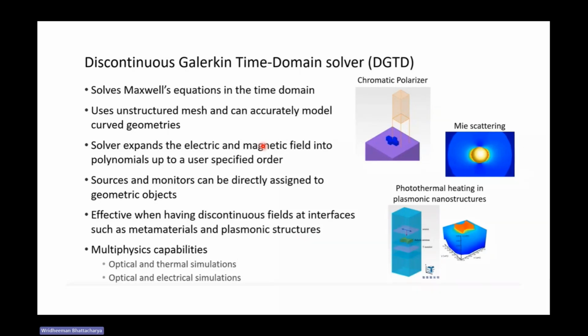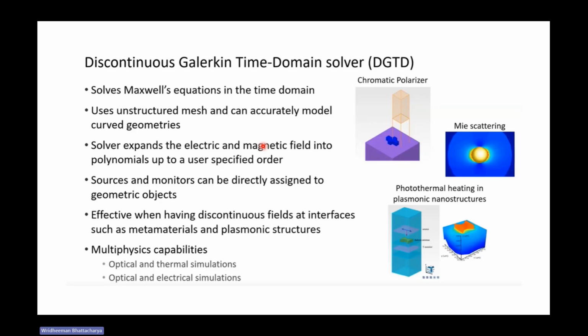In FDTD, although we can control it to work with non-uniform meshes, if we do that it might take a huge time. Whereas DGTD is already built for curved geometries, so it takes much less time.